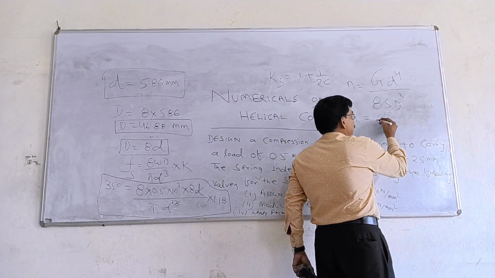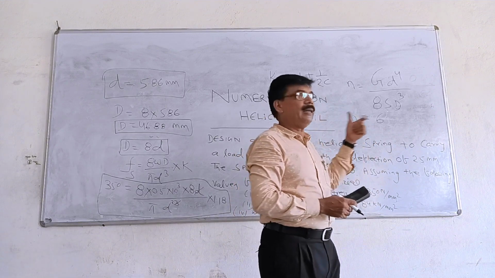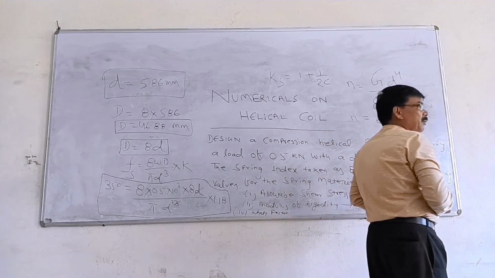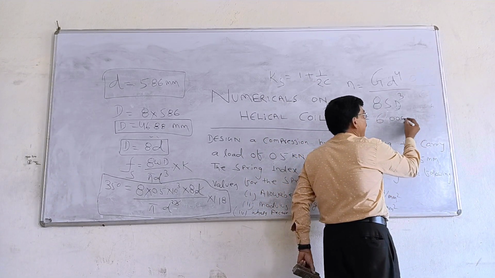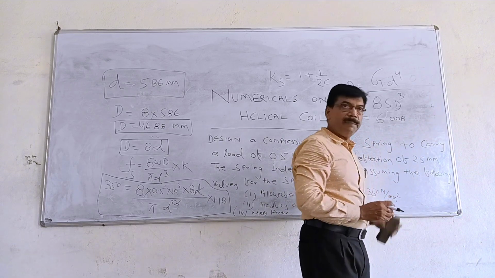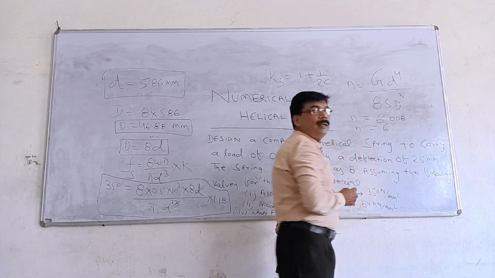See, in some of the cases, the value will be exactly 6. Here it is exactly 6. If you calculate, it is 6.008. So 6.008 is exactly equivalent to 6 active coils.